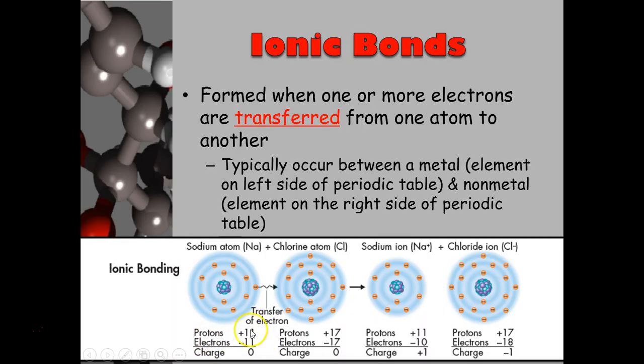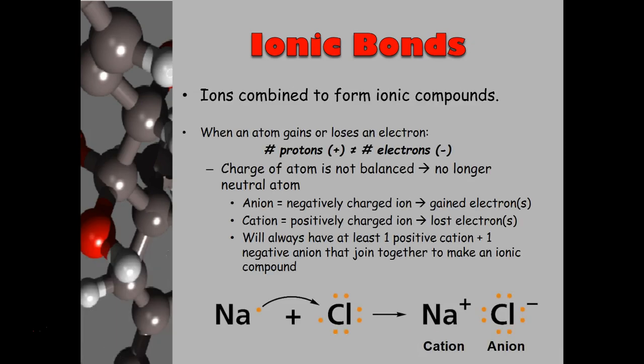That's what makes it sodium, so that's not going to change. But once that transfer happens, I'm now down an electron, and as a result, I've got a positive charge. And so we talk about any positively charged ion, they occur because they lose electrons, and so we call them these things called cations.